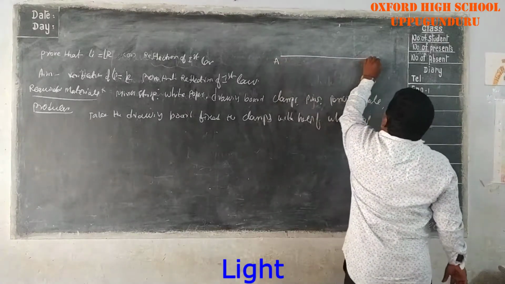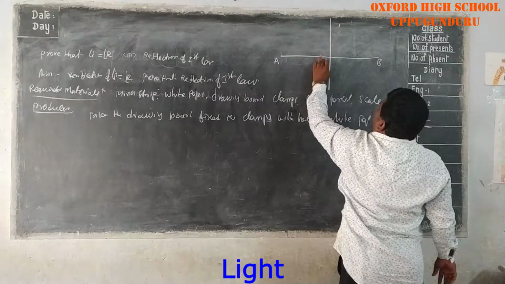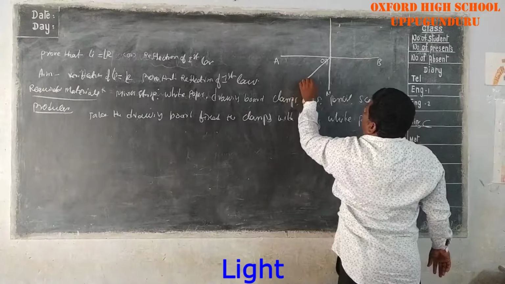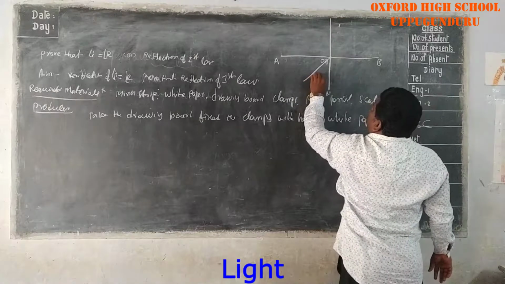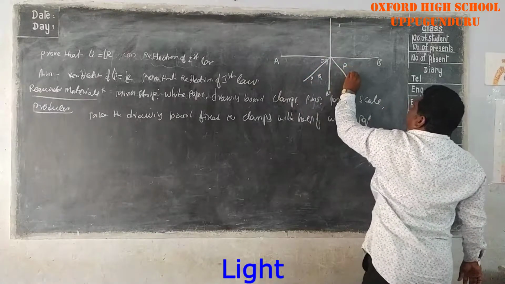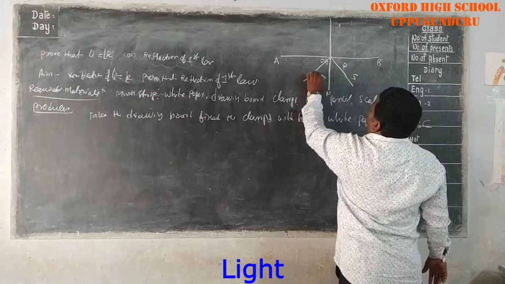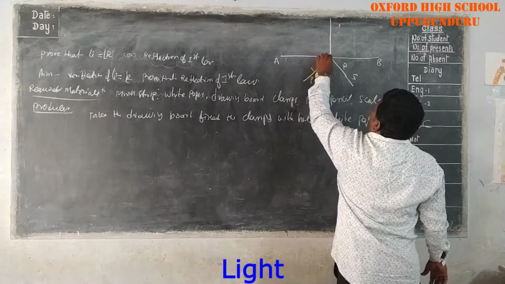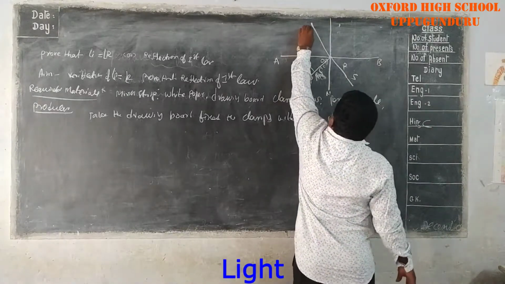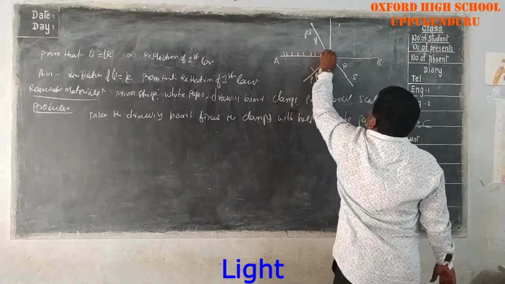A and B. Next, another point is called O. And here we draw P and Q, and point R and S. Above them we draw P dash and Q dash. It is called the plane mirror. This is the picture.